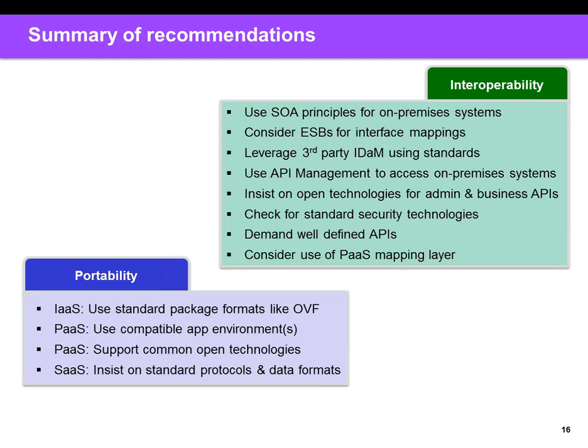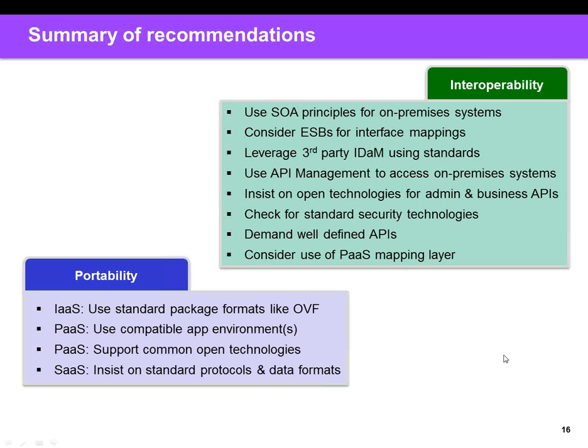For PaaS, look for compatible app environments and common open technologies. Those are the key things to ensuring portability between different cloud services. And for SaaS, insist on standard protocols, standard data formats, open technologies as far as possible. We know that the APIs are likely to vary from one SaaS provider to another, but the more that is standardized, the better.